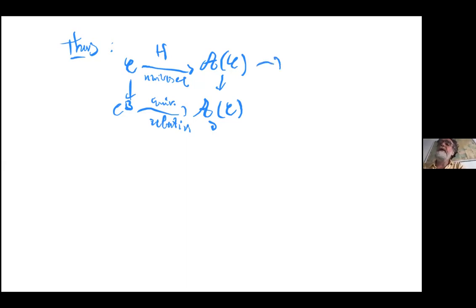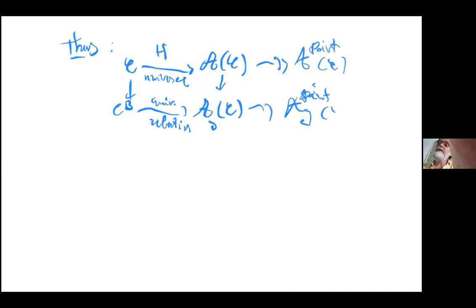This is generating everything in this category here. And then we have a quotient, which is this point, if we add the point axiom. And here we have also a way to express the point axiom, and there is a quotient of C. And of course, there is an induced functor here.